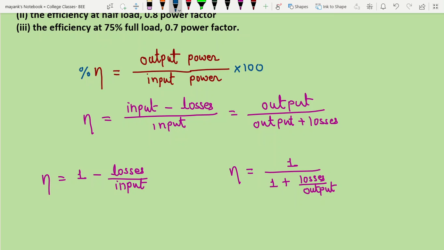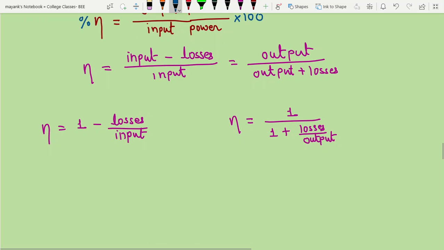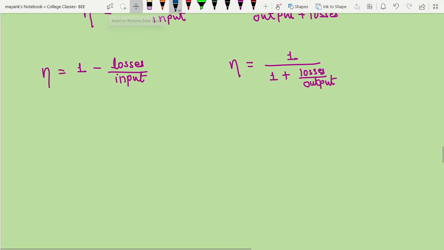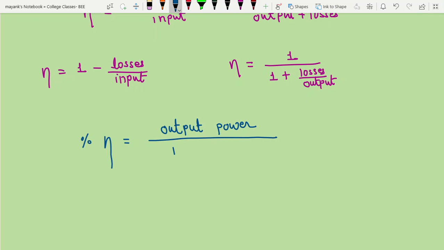The most famous formula for transformer efficiency is this one: percentage efficiency of a transformer is calculated as output power divided by output power plus losses, into 100.